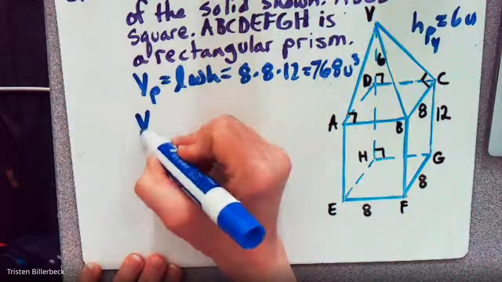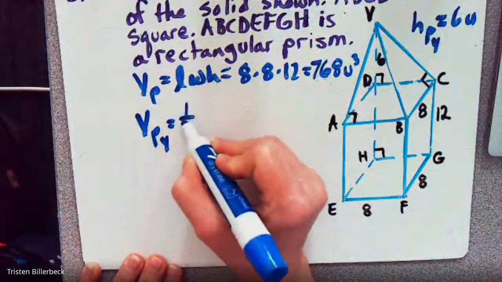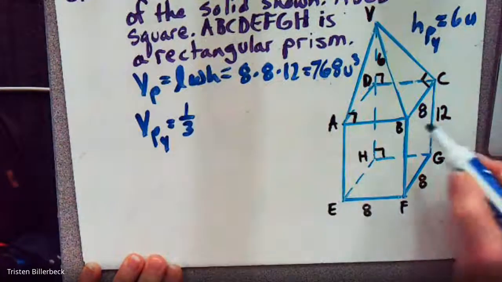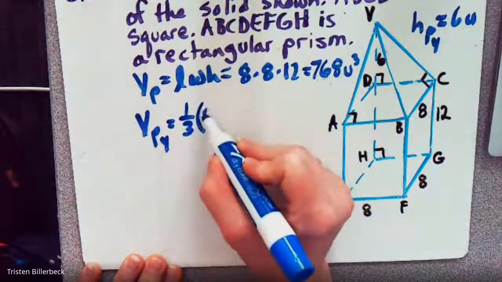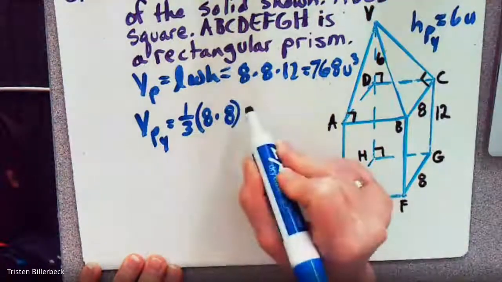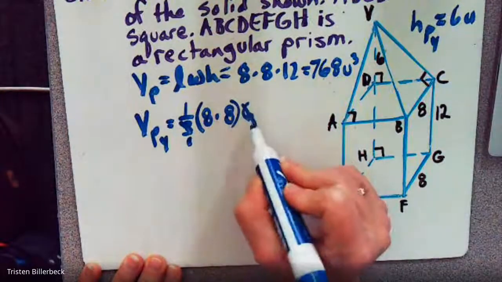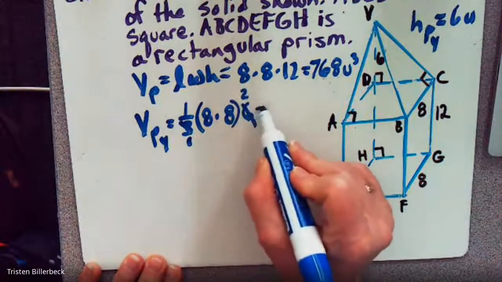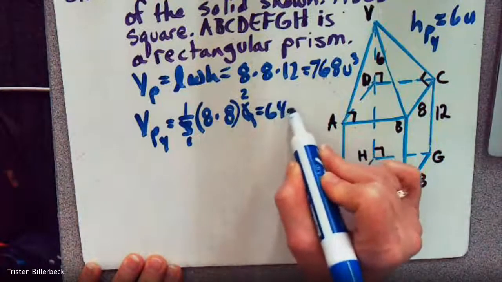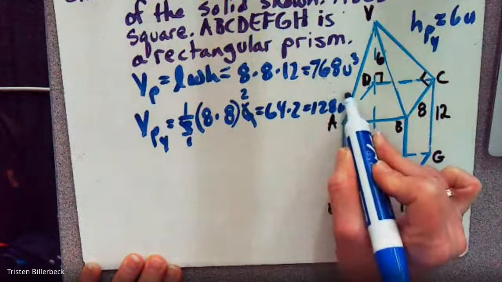Okay, so we know the base is 8 times 8 because it's a square. So the volume of the pyramid then is 1/3 the base area, which is 8 times 8 times the height, which is 6. Okay, and 1/3 of 6 is 2, so 64 times 2 then is 128 units cubed.